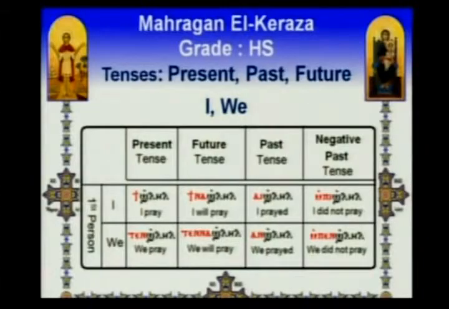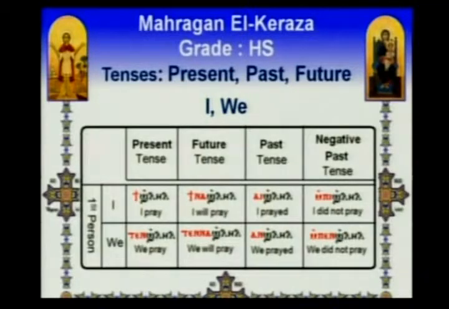Now we are going to discuss the verbs, and in the level of 6, 7, 8, we discussed the present tense. Here we are going to have not only the present tense, but present, past, and future.